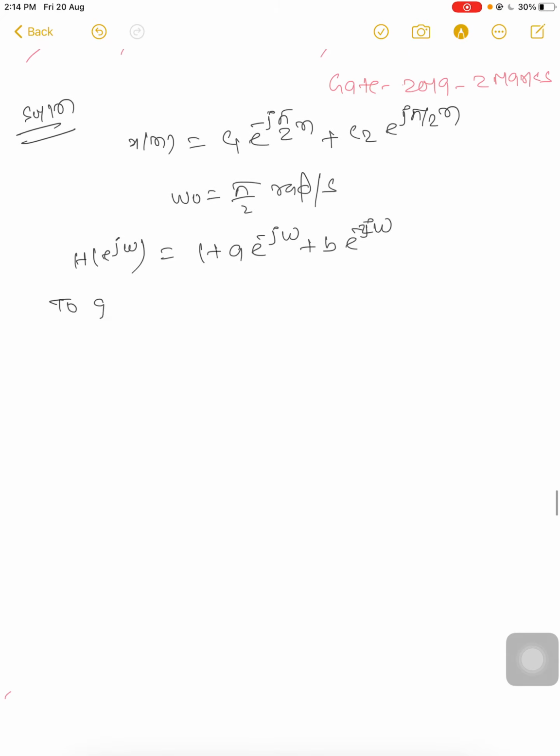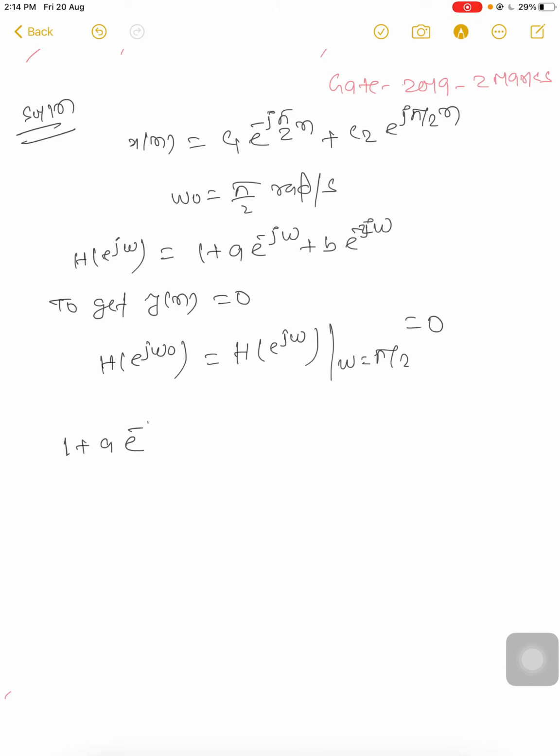To get y[n] equal to 0, H(e^(jω0)) at ω = π/2 must become 0. So 1 + a e^(-jπ/2) + b e^(-jπ), because here is the 2, equals 0.